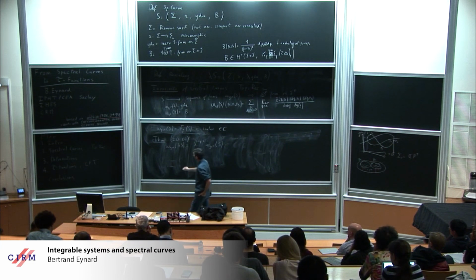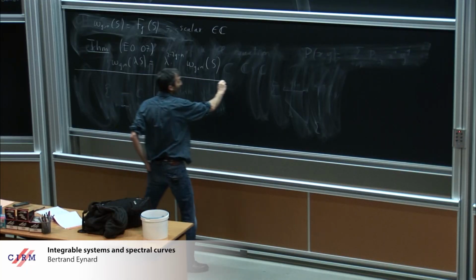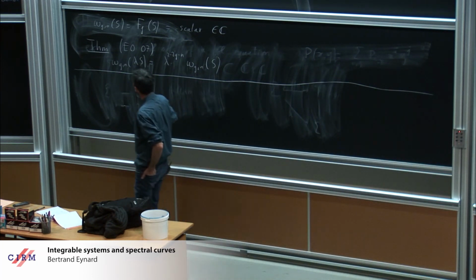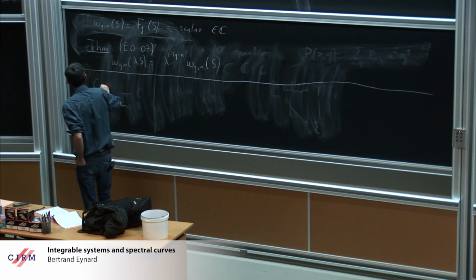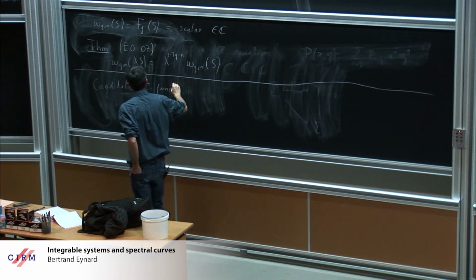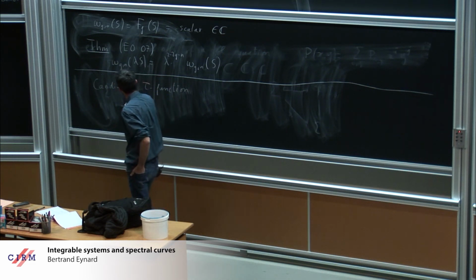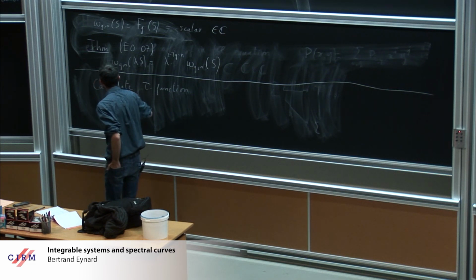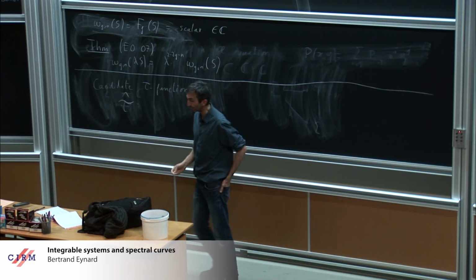Now that we have defined those fg of s, the candidate for our tau function will be, and let me call it, for the moment, not tau, but tau hat, because it's not exactly the tau function for the moment.